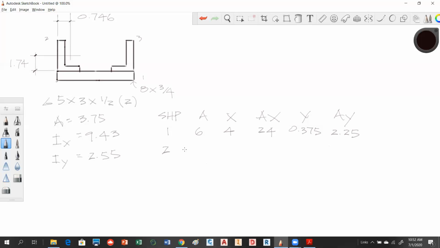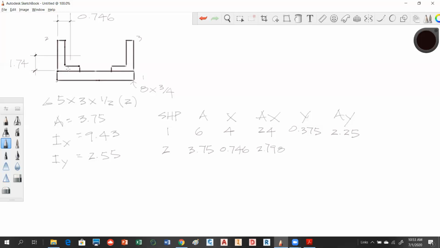Okay, shape 2. Shape 2 is our angle here. The area of that is 3.75. The X distance is the distance from the origin over to its centroid location, which from the chart is 0.746. So A times X gives me 2.798.